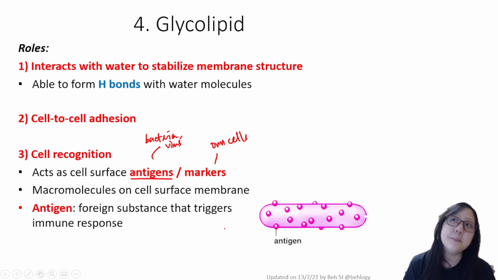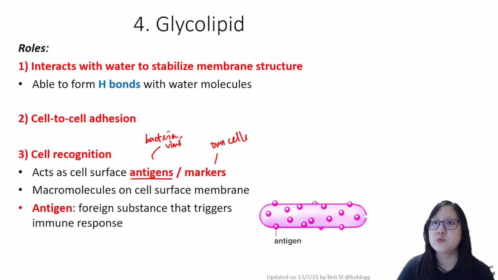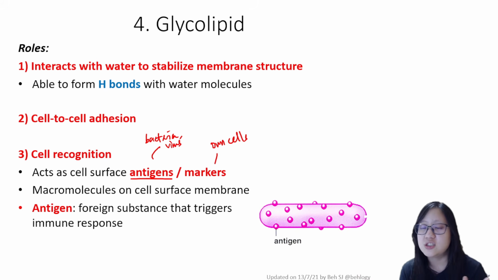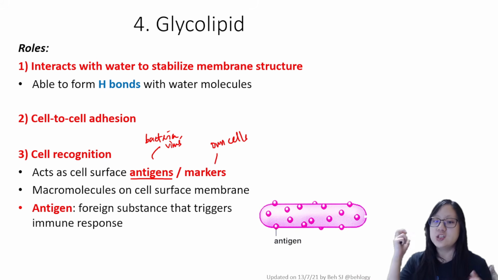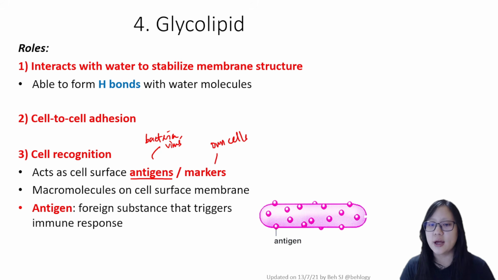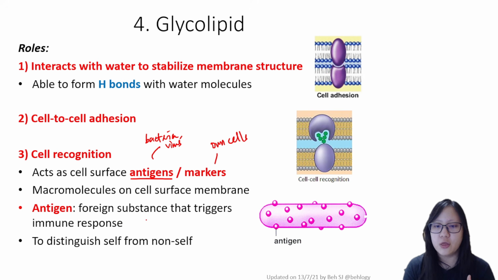So for example, if someone injects you with a foreign bacteria, your body is going to look at it, and there are receptors that read it and go, okay, the carbohydrate chains of their glycolipids are not quite like our human ones, and therefore this is considered non-self.